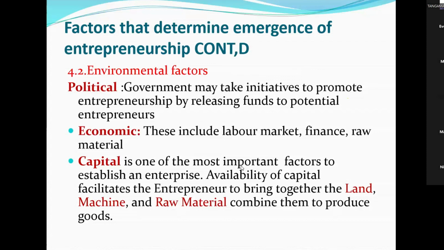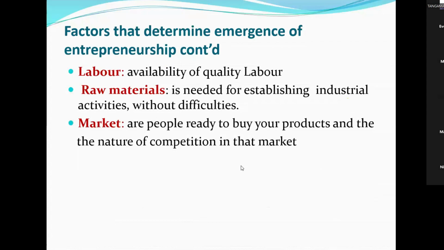Labor: availability of quality labor can also be another factor. Raw material is needed for establishing industrial activities without difficulties. Market: those are people ready to buy your product, and the nature of competition in that market.